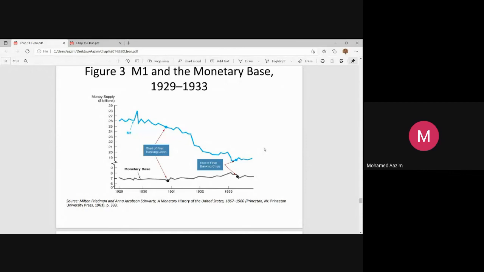They would also try to ask you what would have been the reasons for a money supply behavior depicted in the chart above? They will ask this type of questions to check your application.